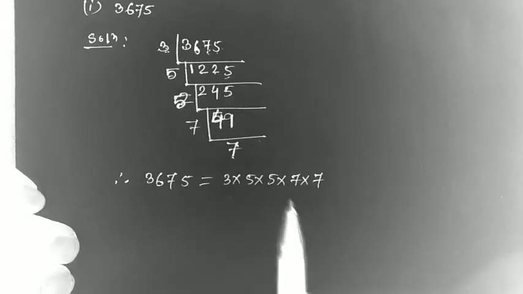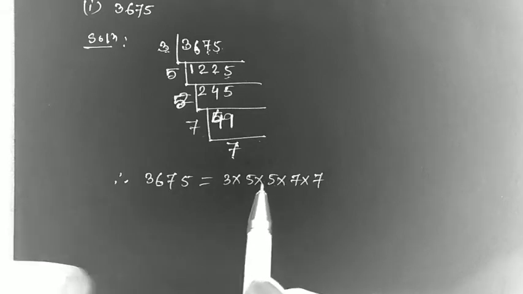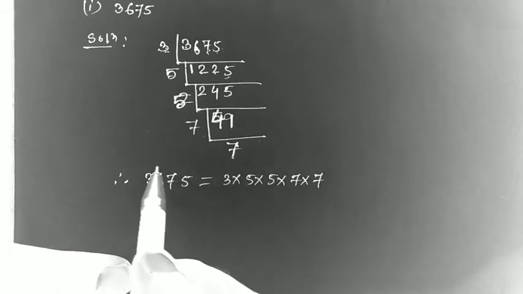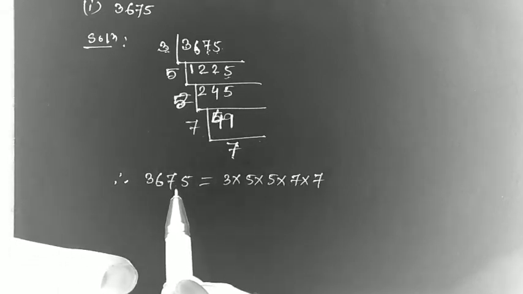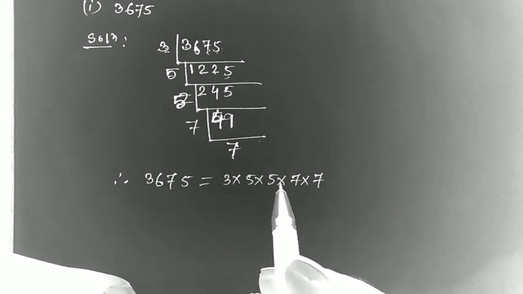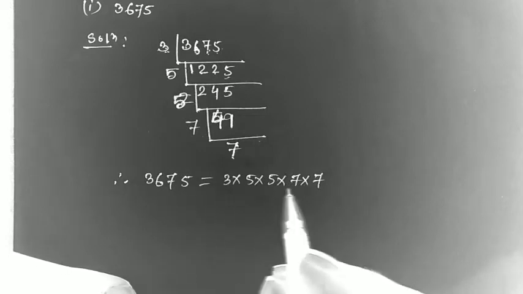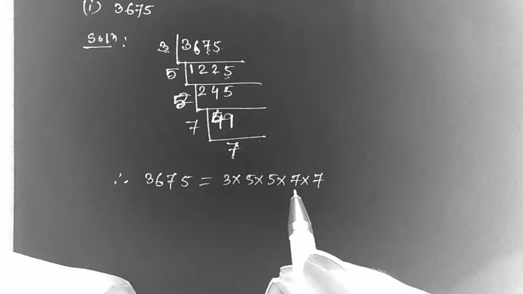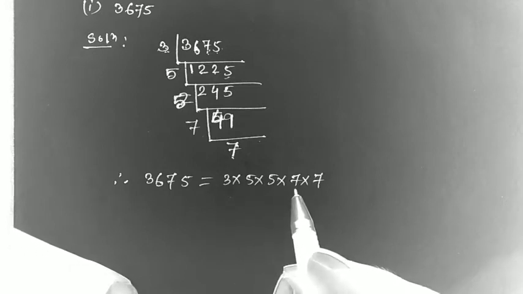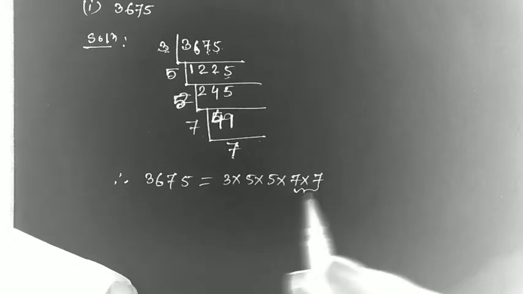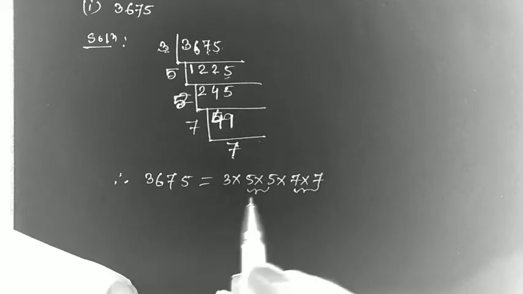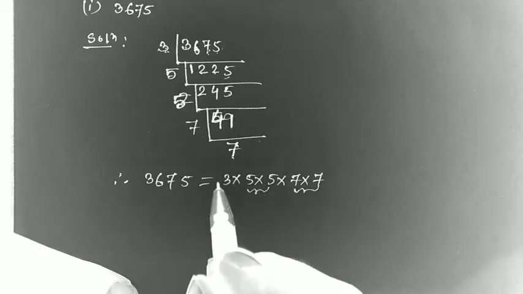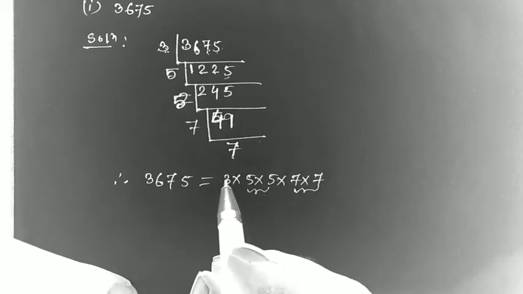Now see what we have to find. We have to find a number by which we have to multiply this number to make a perfect square. So first of all, in this sum you have to pair the factors, all the factors. So this is one pair, this is one pair. Which factor does not have any pair? It is 3.